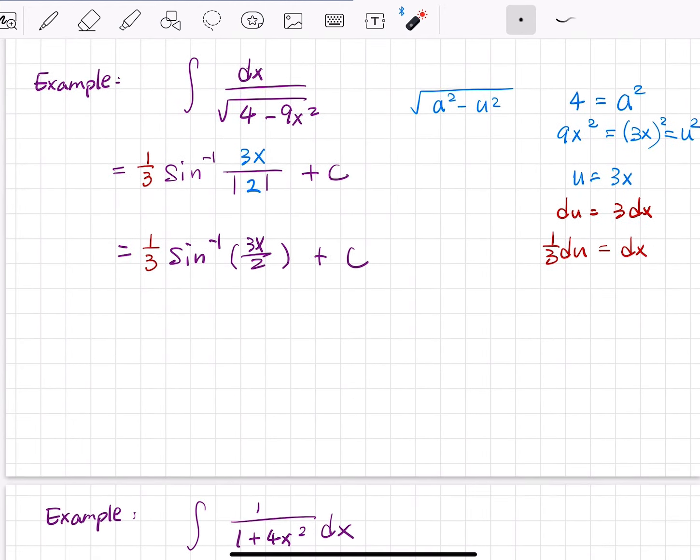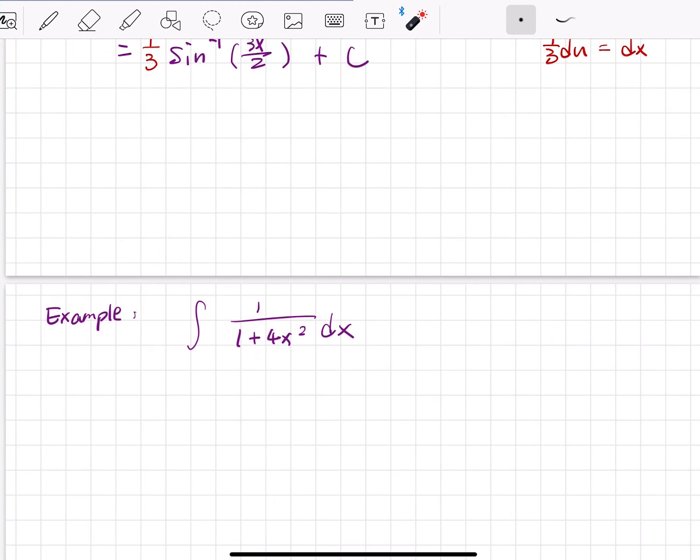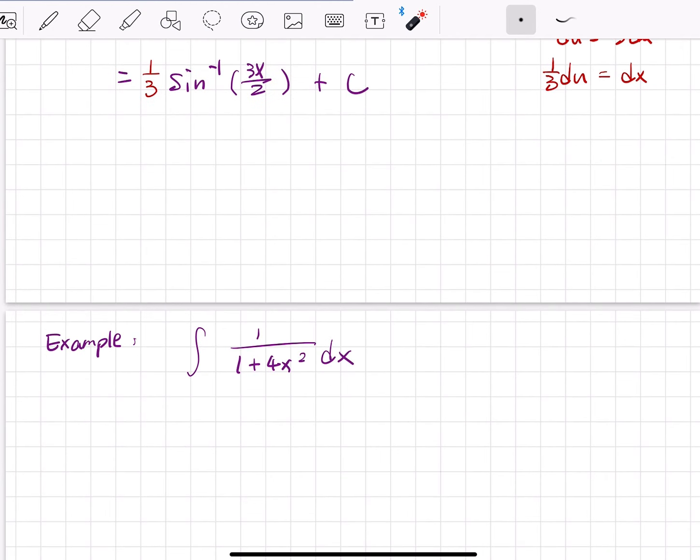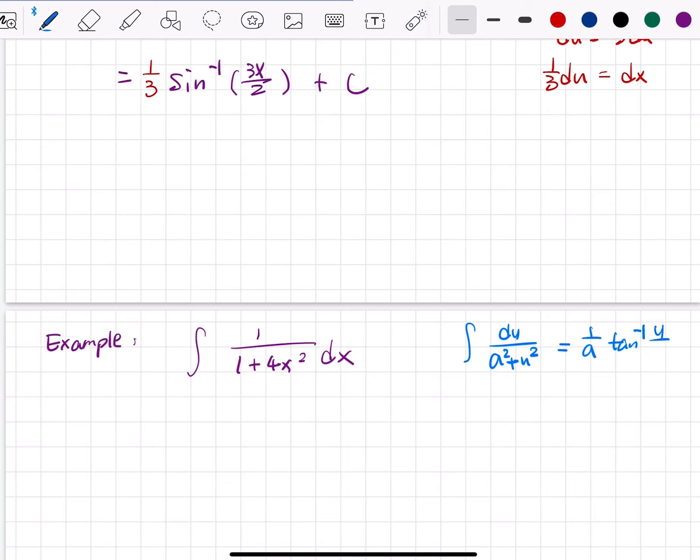Now let's look at another one. The next example we have is the integral of 1 over 1 plus 4x squared dx. This one is very similar to the a squared plus u squared format. So let's write the formula on the side. The integral of du over a squared plus u squared is equal to 1 over a times tangent inverse of u over a plus c.